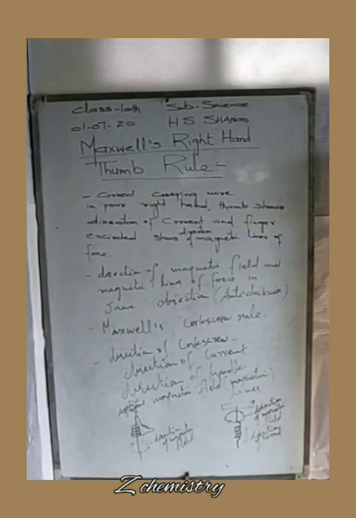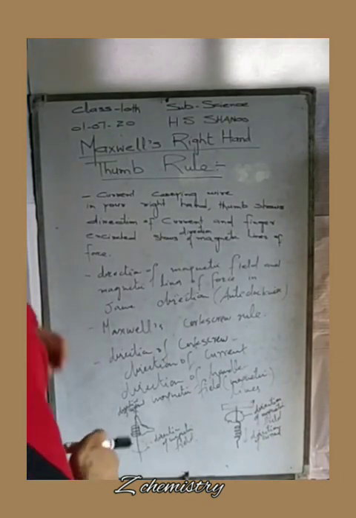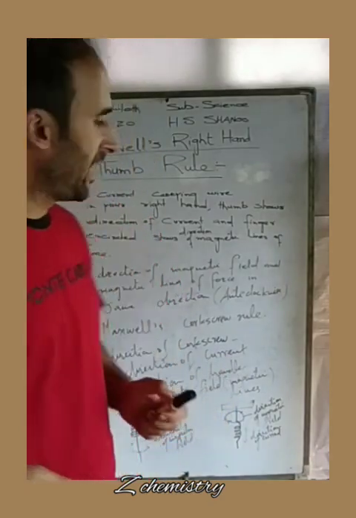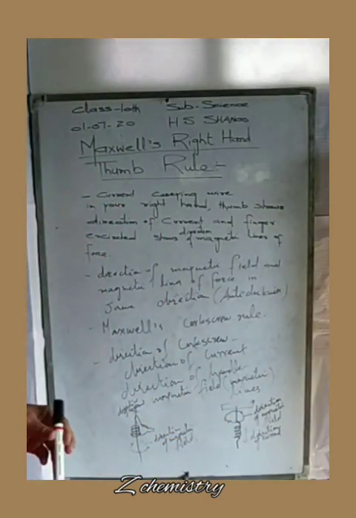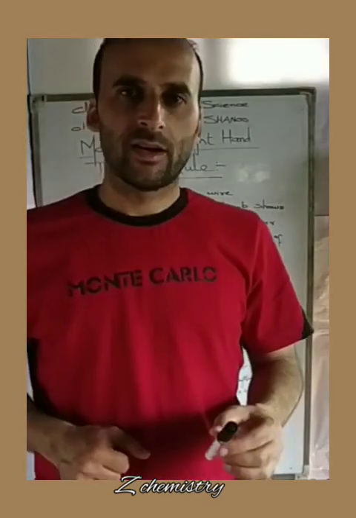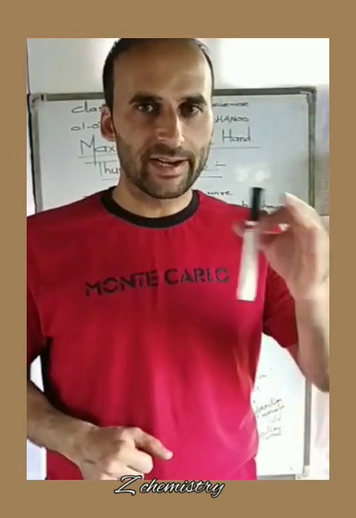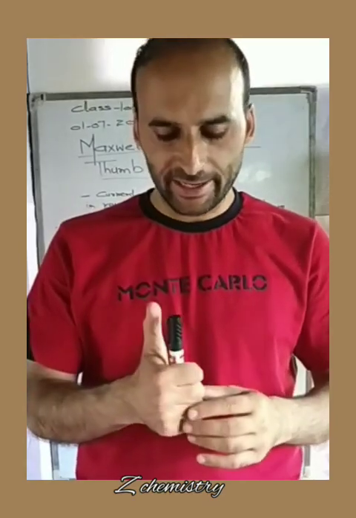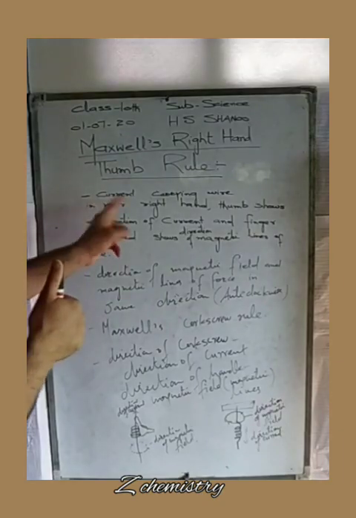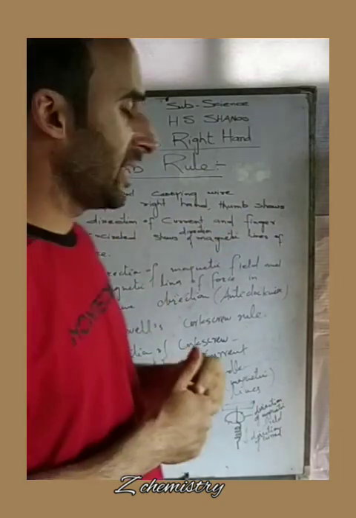Let us have a practice where we will use the right hand. For example, if we take a current carrying conductor, we will hold it in the right hand. Then the thumb will show us the direction of the current.